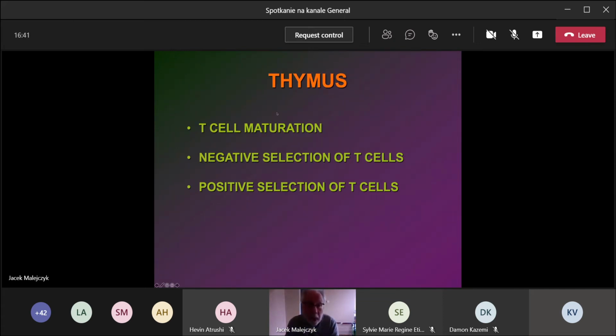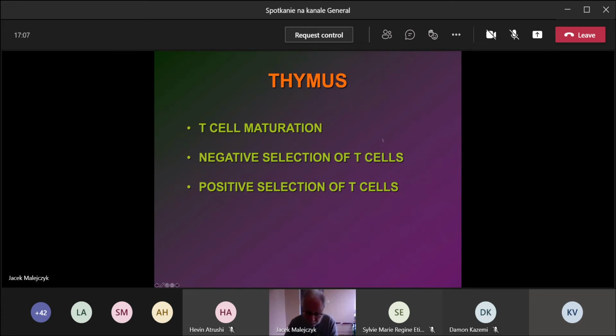Well, so let's say a few things about the thymus. The thymus plays a very similar role as bone marrow for B cells. First of all, the thymus is responsible for T cell maturation, as well as the phenomena which we call negative selection of T cells and positive selection of T cells.